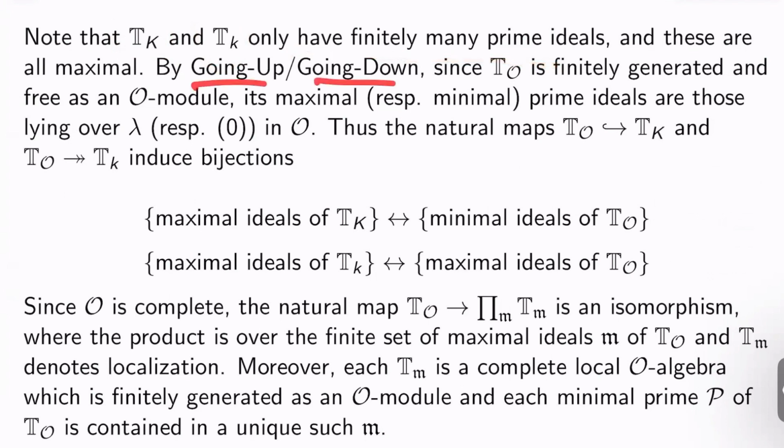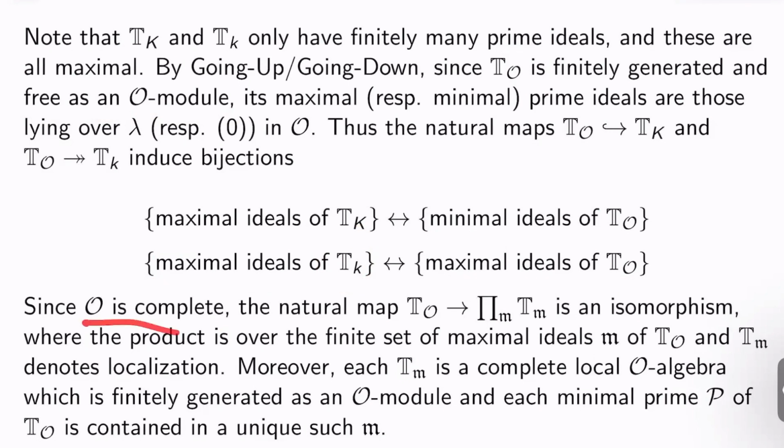So by the going up and going down theorems from commutative algebra, since T_O is finitely generated and free as an O-module, its maximal, respectively minimal, prime ideals are those that lie over lambda, respectively the 0 ideal in O. And so the natural maps T_O injecting into T_K and T_O surjecting onto T_k actually induce bijections as follows. There's a bijection from the maximal ideals of T_K with the minimal ideals of T_O, and the maximal ideals of T_k with the maximal ideals of T_O.